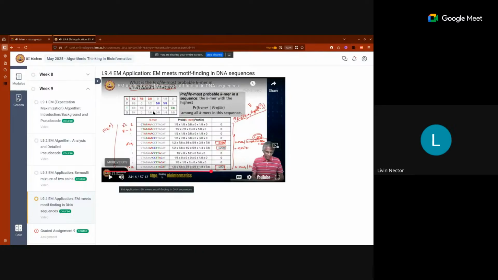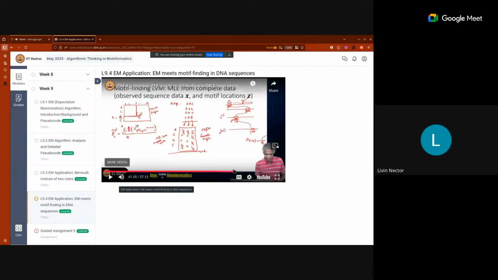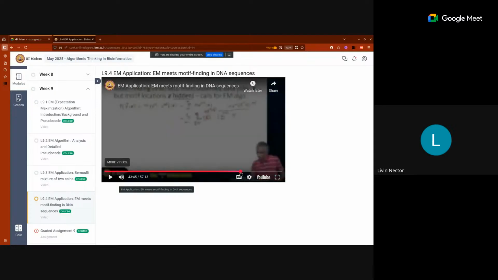So first we randomly assign these values, right? And then with the assigned values, we find these responsibilities. And then after finding these responsibilities, yeah. So this is some observed sequence.